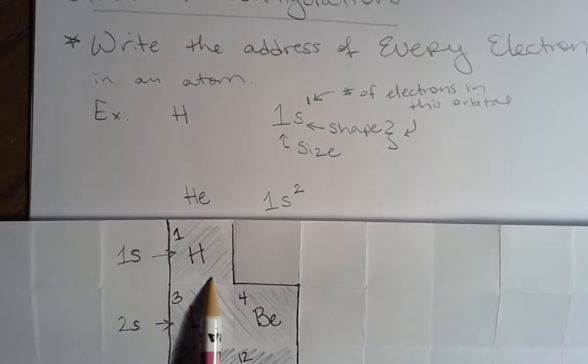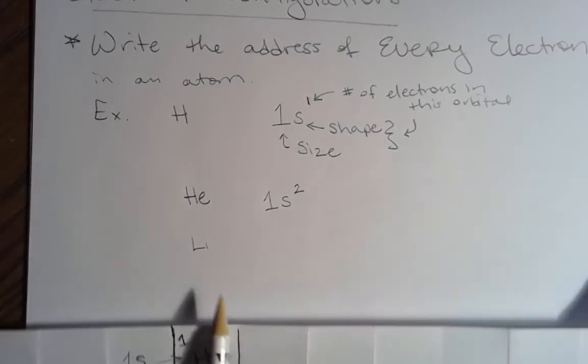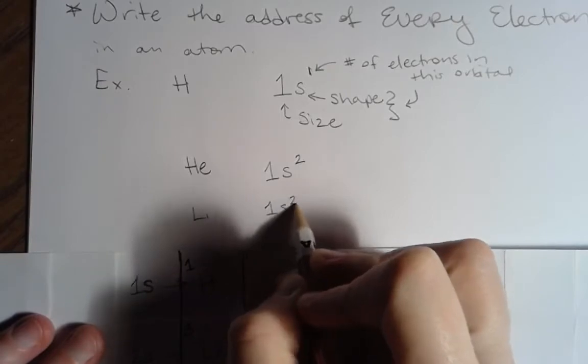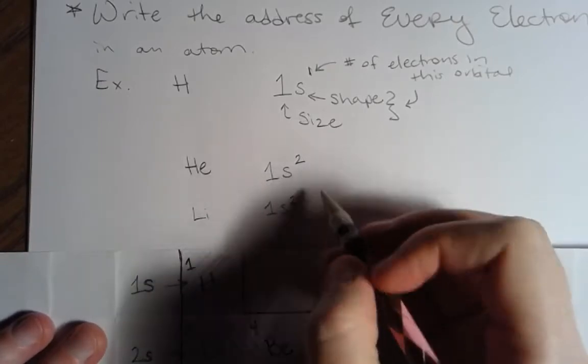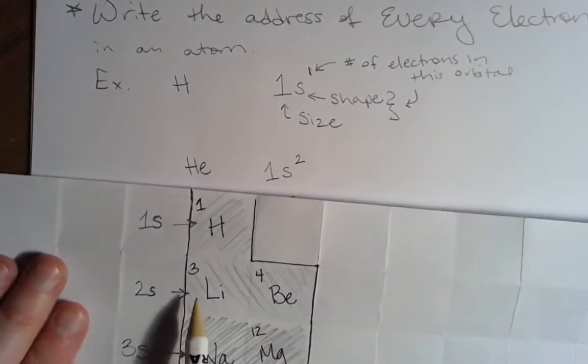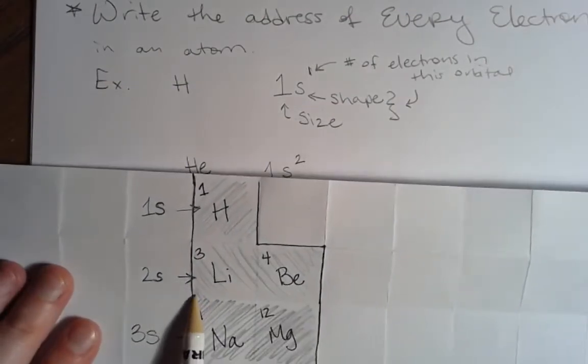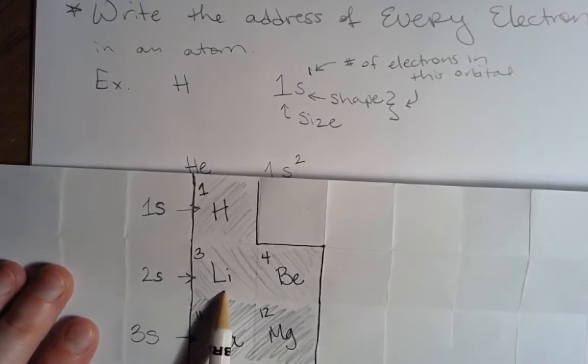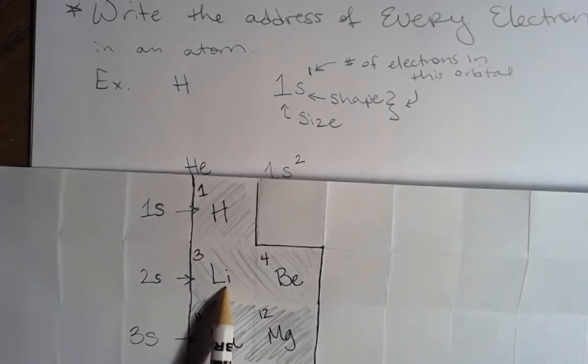So lithium has 3 electrons. 2 of them are in the 1s core, and 1 is in the 2s. So lithium's outermost electron is in this 2s orbital. And just like a Bohr, count how many electrons are in that 2s orbital. Lithium has only 1 electron in its 2s orbital.